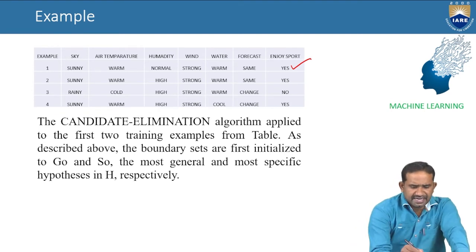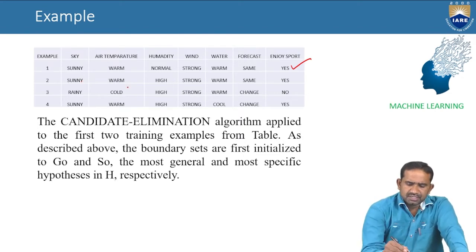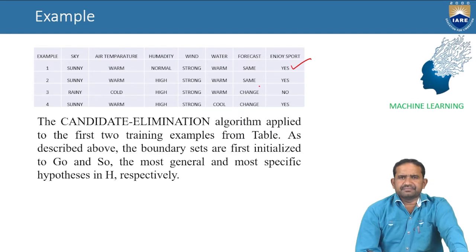And then the second example: the sky attribute is sunny, air temperature is warm, humidity is high, wind is strong, water is warm, and forecast is same.